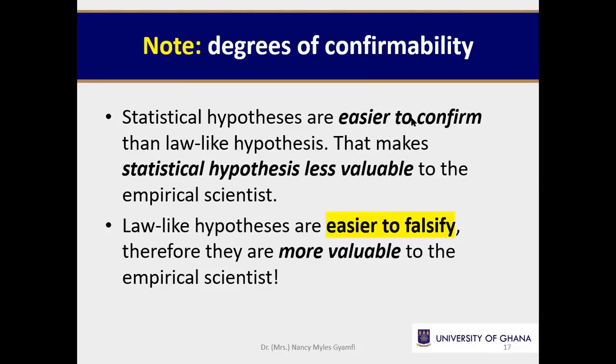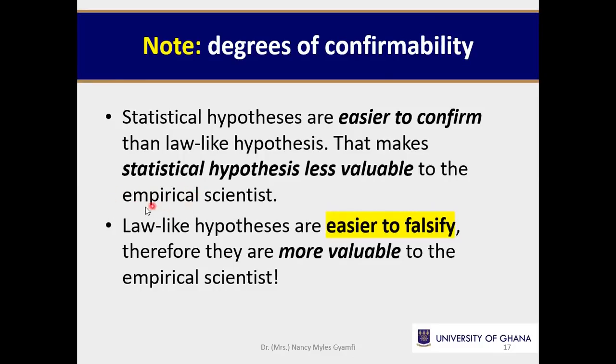Note degrees of confirmability. Statistical hypotheses are easier to confirm than law-like hypotheses. We just said that. That makes statistical hypothesis less valuable to the empirical scientist. The focus is what? Empirical. It is the empirical scientist we are talking about. If you were dealing with any other scientist, the deductive scientist, the one dealing with meanings and closed concepts, then that won't apply.